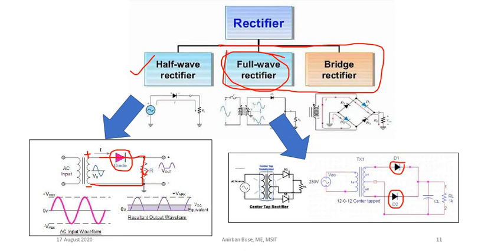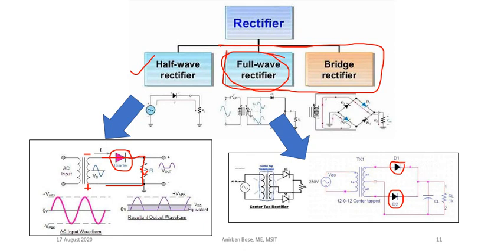But since it is an AC cycle, in the next half cycle the direction of the current will change. This end will become negative and this end will become positive. At that time the diode will be in reverse bias, so there will be no current flow through this diode, and that is why you don't get any current at the output. But again when this becomes positive, you will get current.